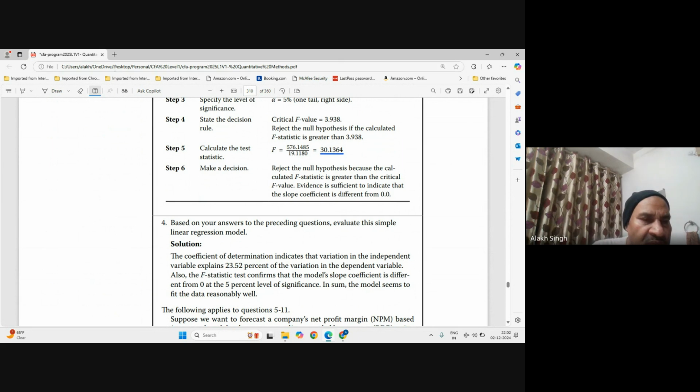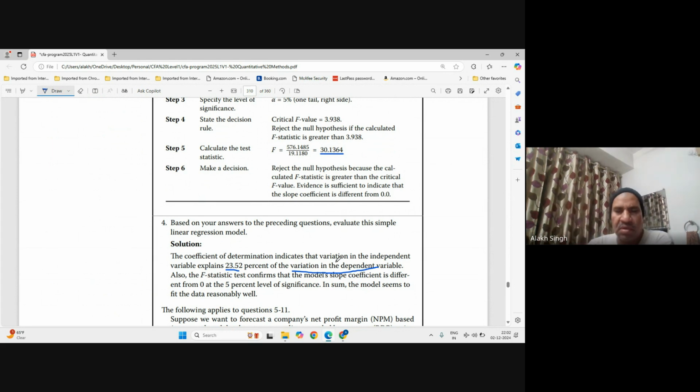This part is very much important, many people know. So the variation of the dependent variable is 23.52%. How much is the variation in the independent variable? 1 unit variation in the independent variable explains, well, if it is in percentage, then 100% variation would be doubling.